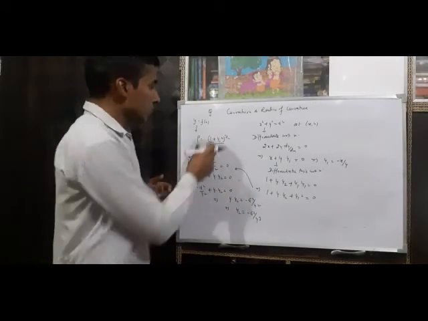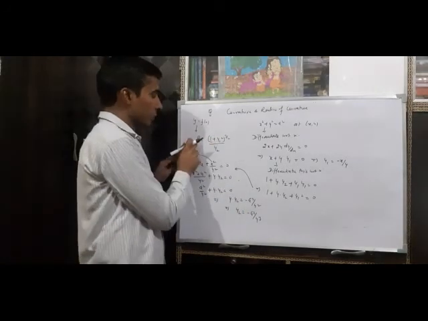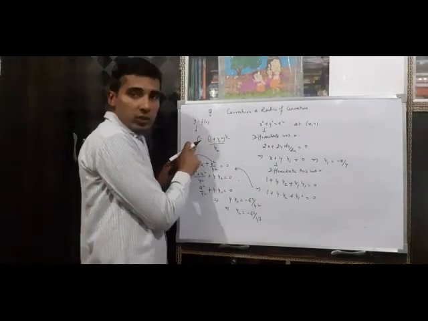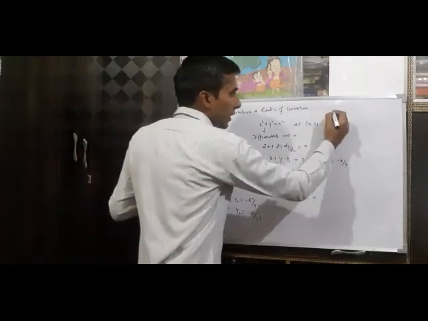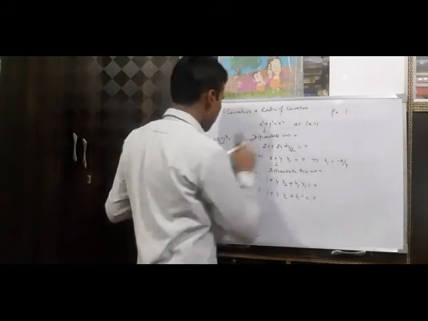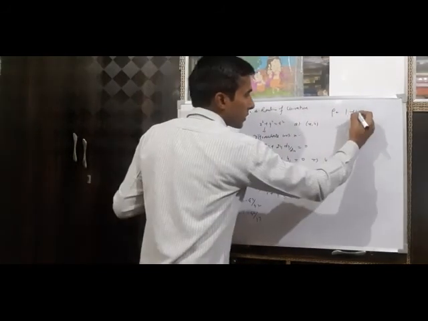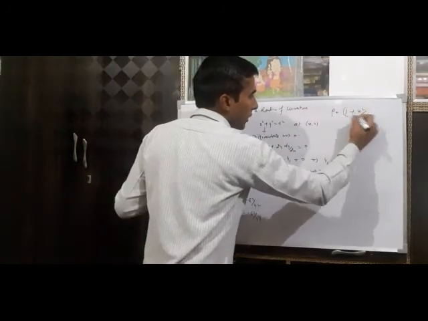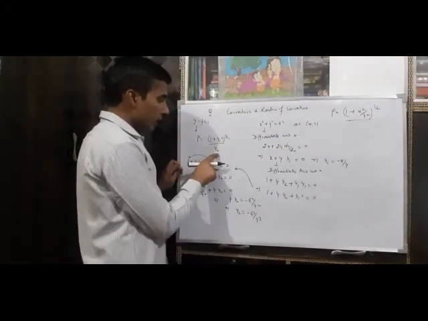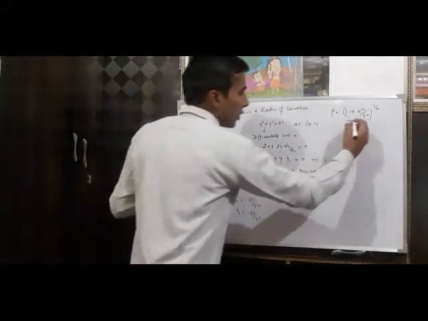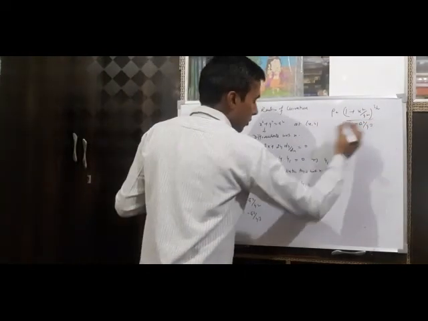To determine the radius of curvature, we will put the value of y1 and y2 in this expression. So the radius of curvature will be 1 plus y1 square, meaning plus x square upon y square, whole raised to power 3 by 2. And in the denominator, the second derivative y2 is minus a square upon y cube.